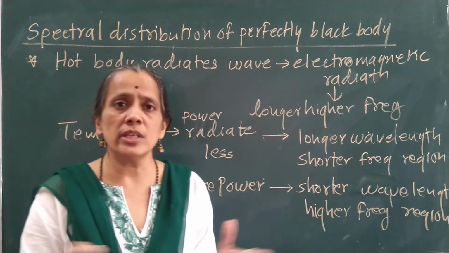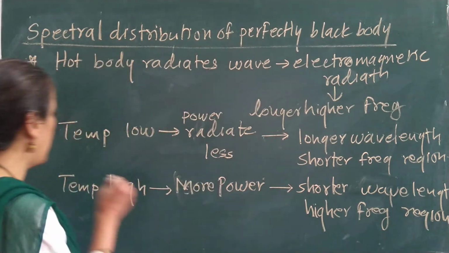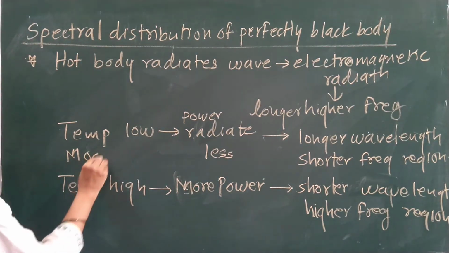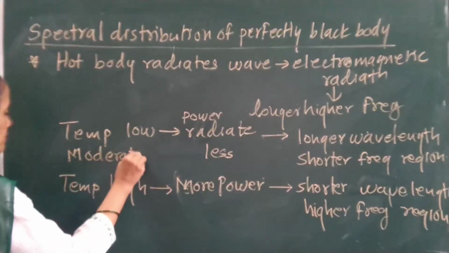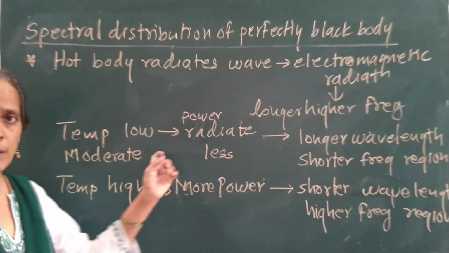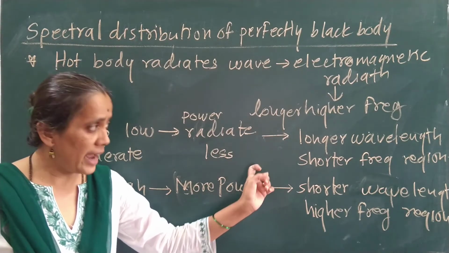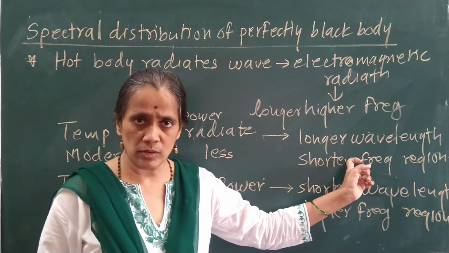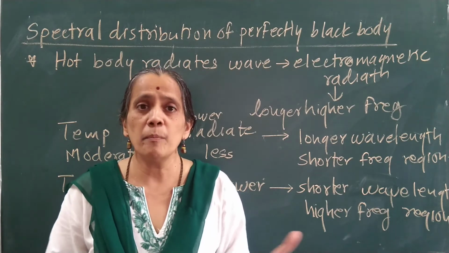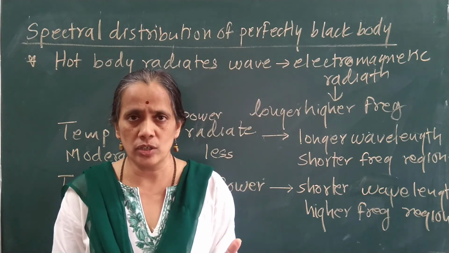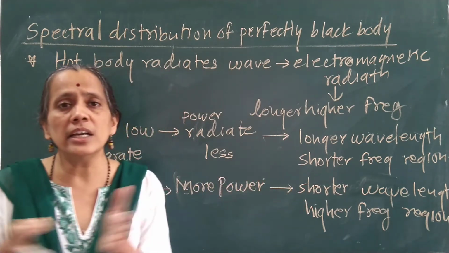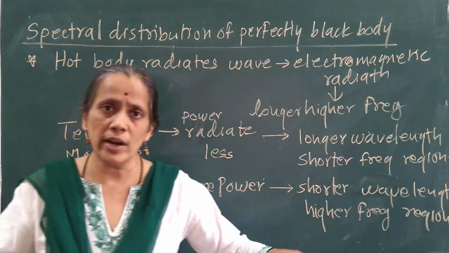And if I am going to say a moderate temperature, in between, at that moderate temperature, power is also moderate. So those electromagnetic waves will radiate a mixed type of radiation. So it consists of a higher range of frequency and a lower range of frequency.